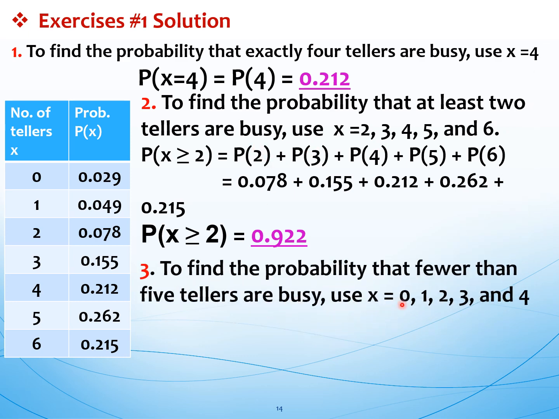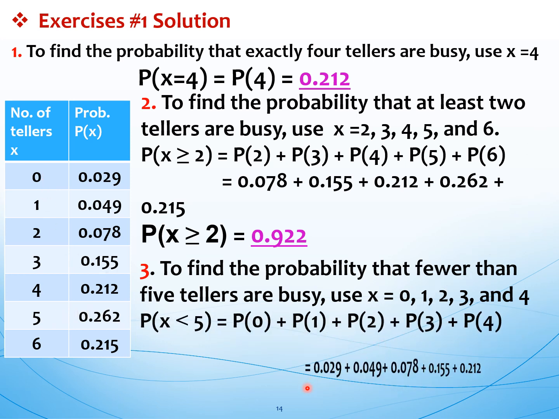For number 3, how can you find the probability that fewer than 5 tellers are busy? So fewer than 5. What are the numbers that are fewer than 5? So it could be 4, 3, 2, 1, and 0. So just add the probabilities of fewer than 5 tellers. So this is the solution.